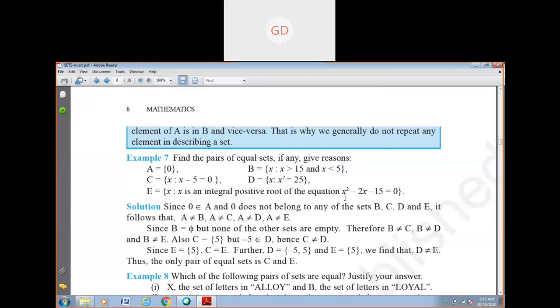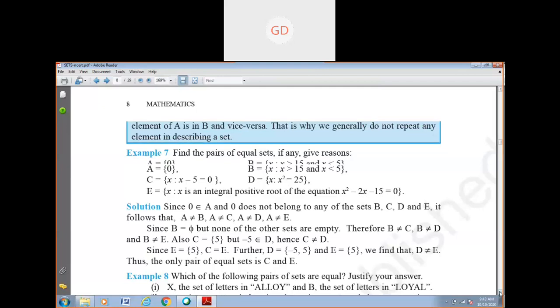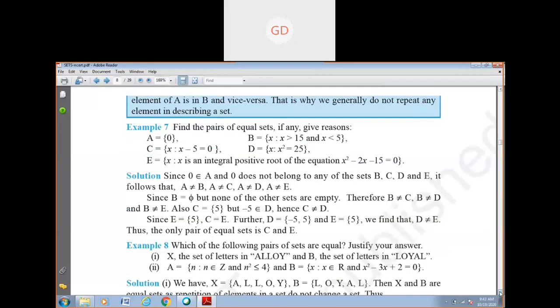Whatever we get from this equation will be the elements in this set. Now, obviously, when you know the elements, you can observe whether sets are equal or not.